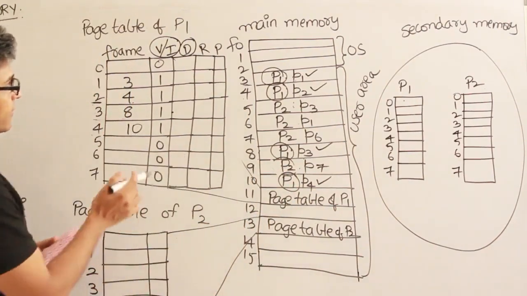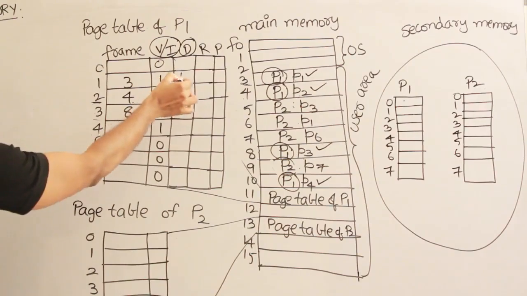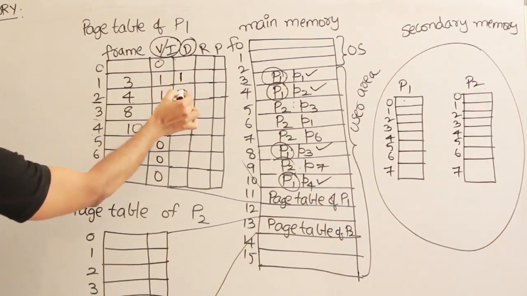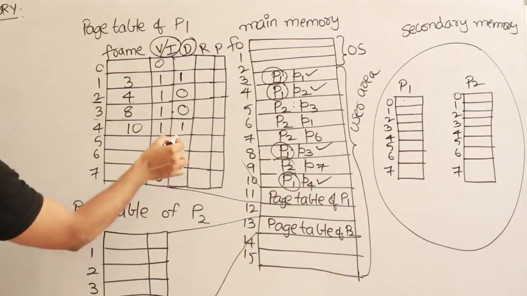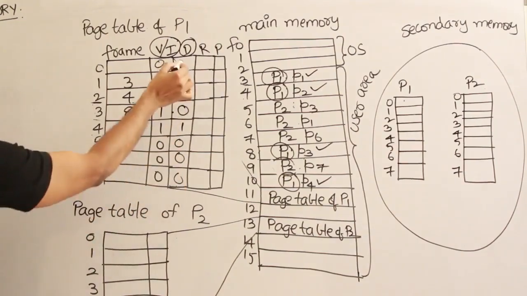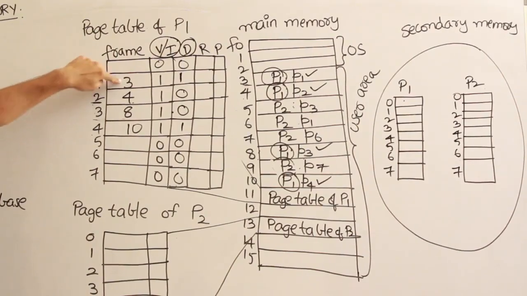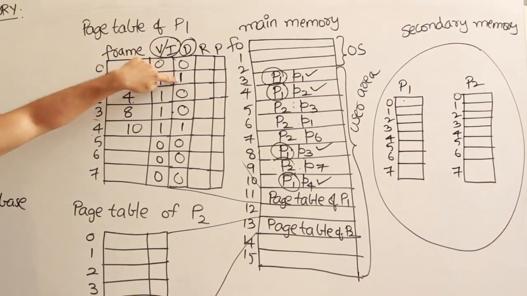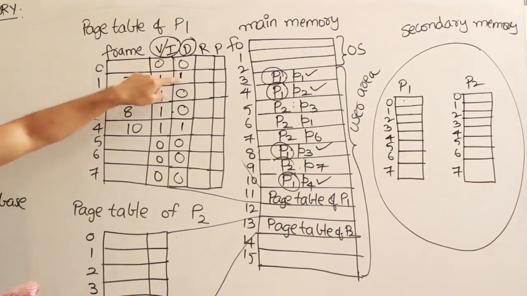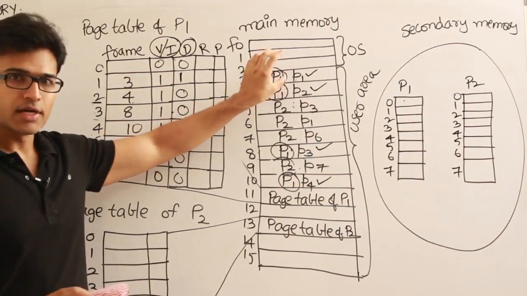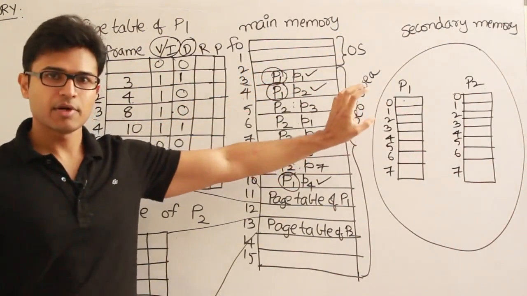In case, let us say, the D bits are 0 1 0 0 0 0, and this one is 1, then it means that page number 1, which is present in frame number 3, has been modified at some point of time.